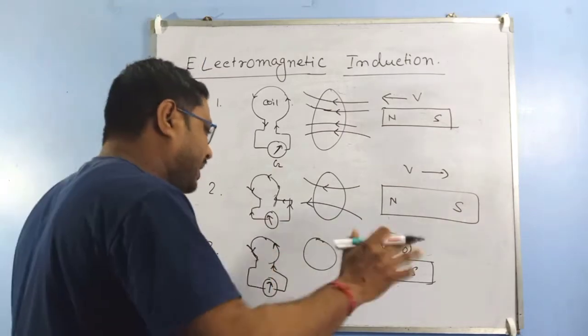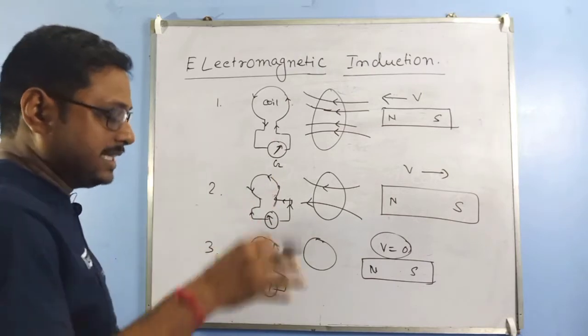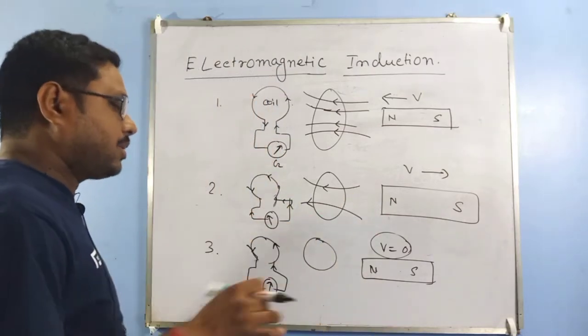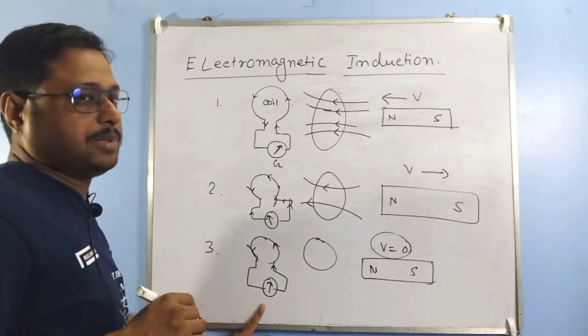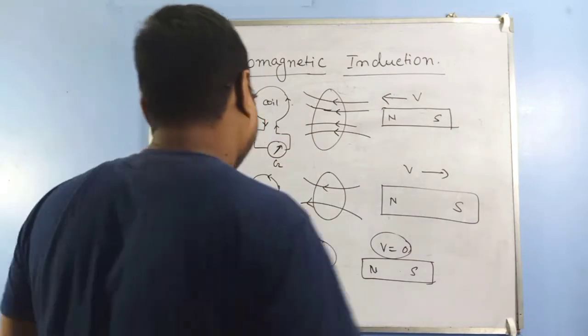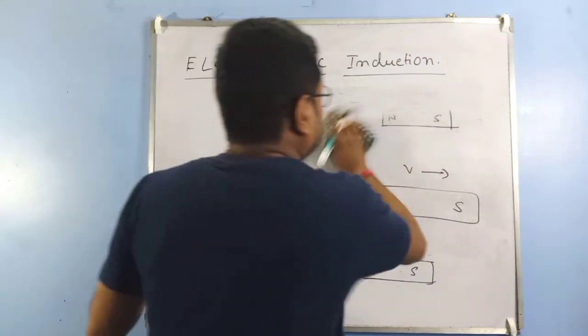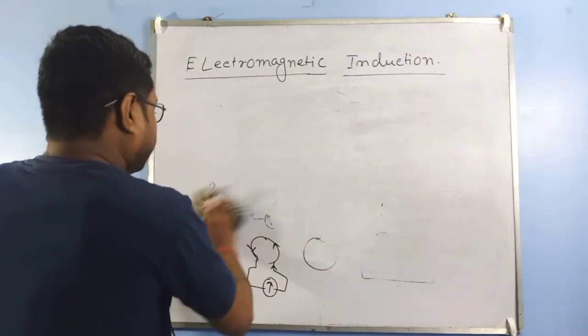When there is no relative velocity between these two, no magnetic flux changes. As a result, no EMF is induced and no current flows through the coil, which shows 0 deflection of the galvanometer. From this experiment, Faraday concluded that this phenomenon is called electromagnetic induction.